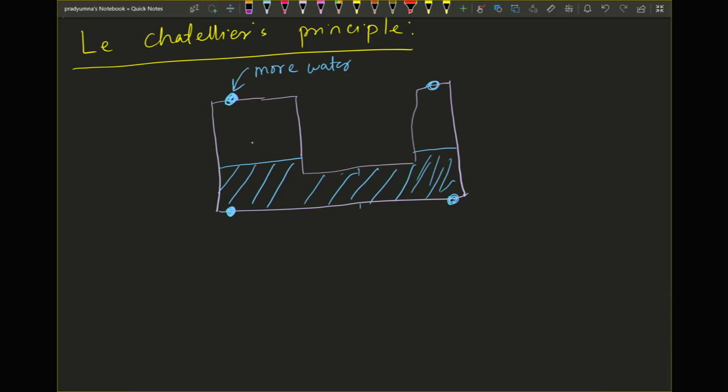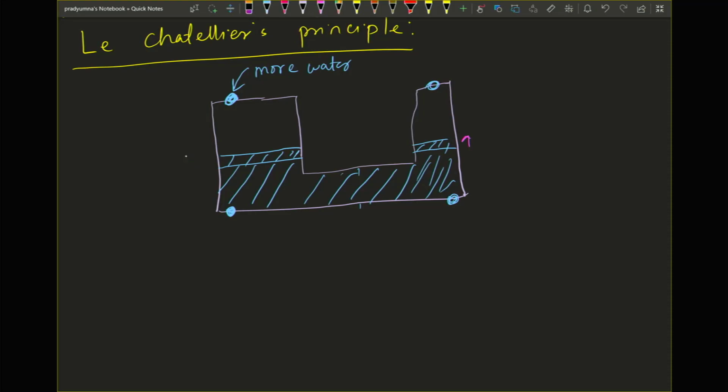You will reach a new level of water, which is here and here. So again they will be balanced. It doesn't matter if I add more water to the left side or to the right side. If I add more water to the left side, the water level will increase on the right side. If I add more water to the right side, the water level is going to go up on the left side as well.